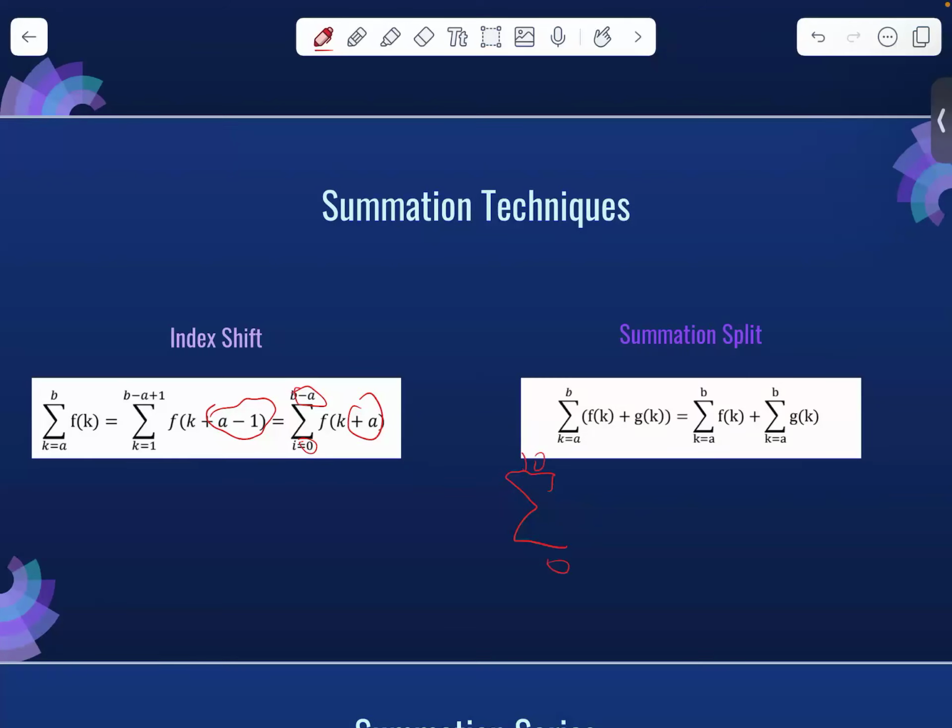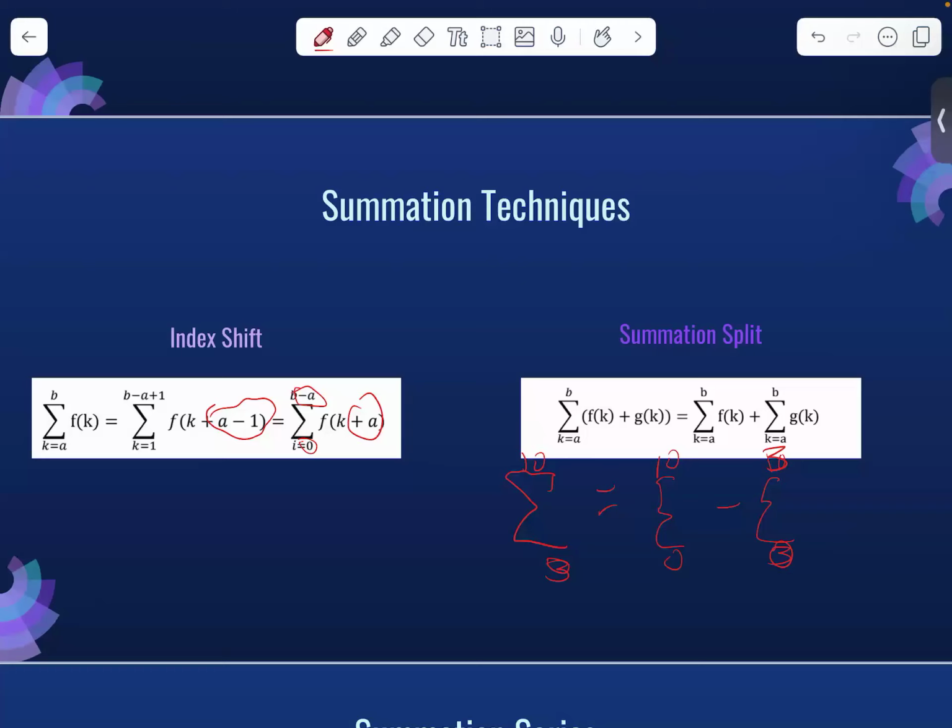Let's say the summation goes from 3 to 10. This would be equivalent to the summation that goes from 0 to 10 minus the summation that goes from 0 to 3.